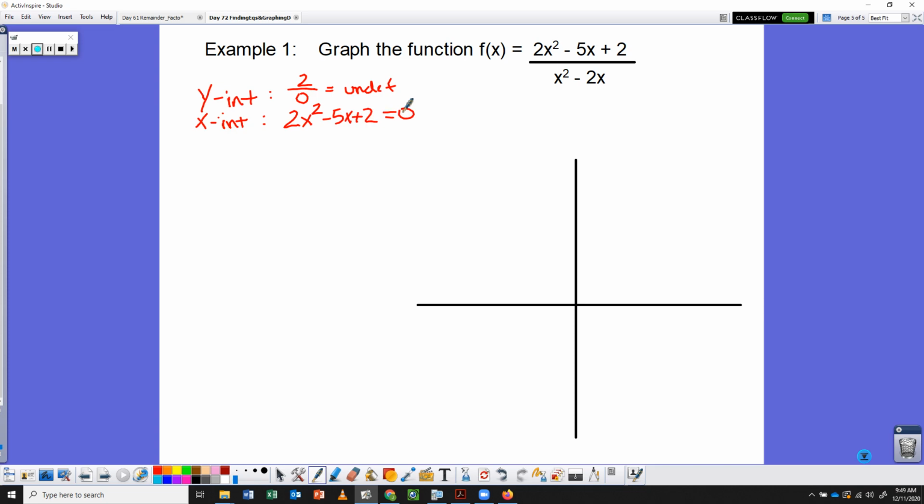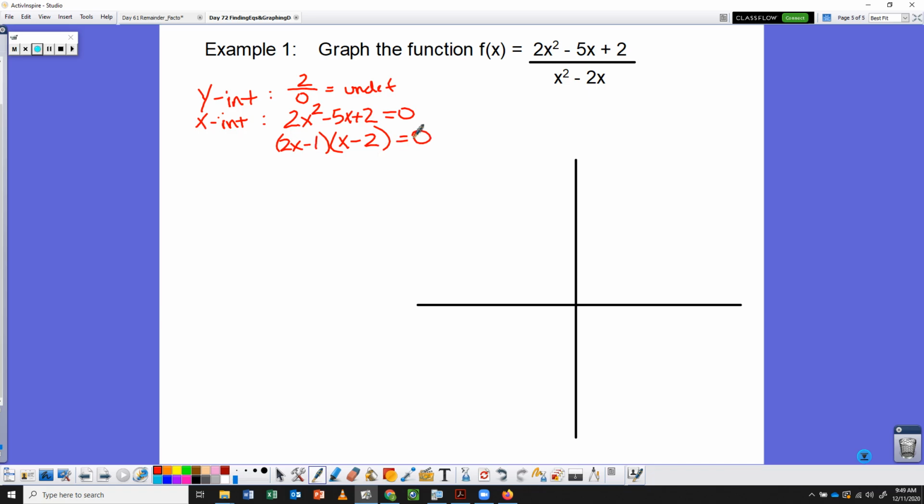You want to factor it if you can, which this is actually going to break into 2x and 1x. And two numbers that multiply together to make positive 2 in an arrangement that would allow the middle term to make negative 5 would be if I put the minus 2 behind the regular x and the minus 1 right here.